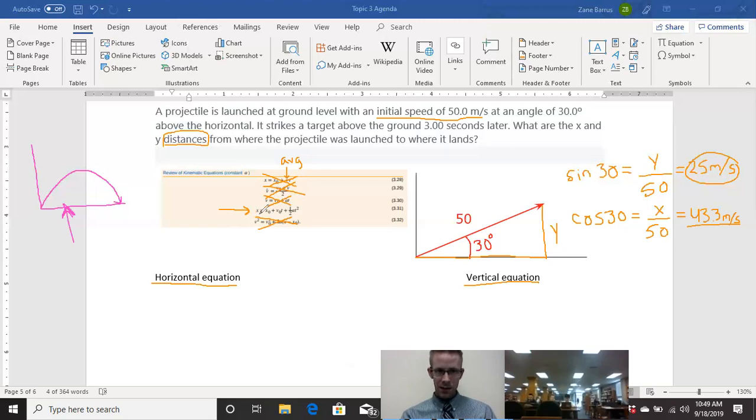x is going to get me what I want. That's going to give me the distance that I'm interested in. x naught is our initial position. Since we're starting at the origin of this xy plane, that's going to be 0. v naught, if you remember from the video, is a fancy variable for initial speed.